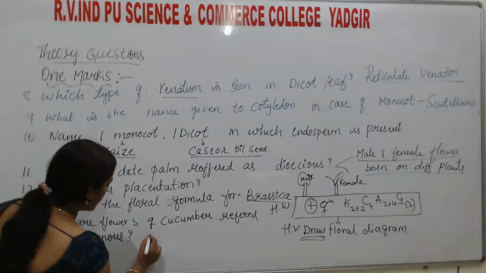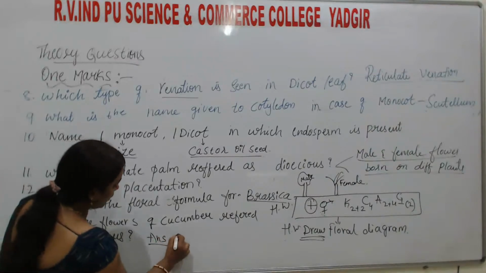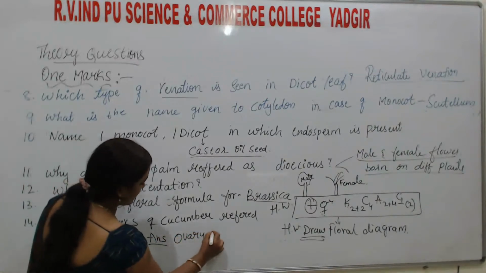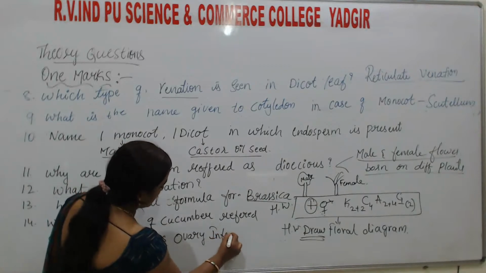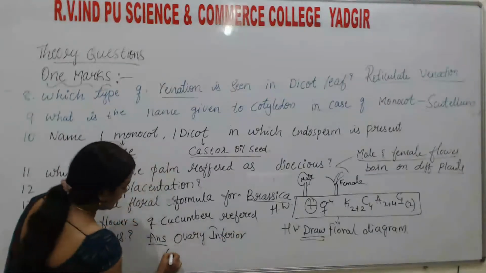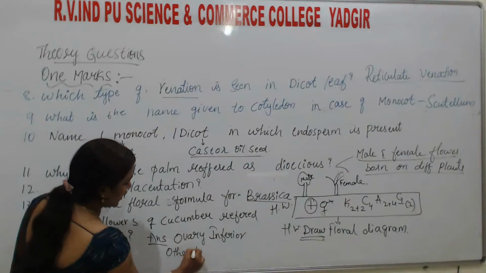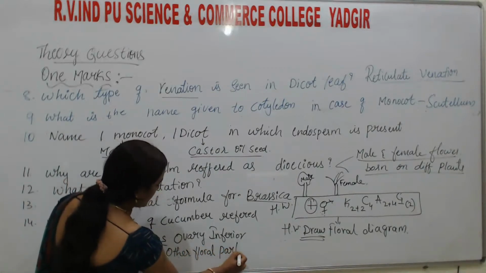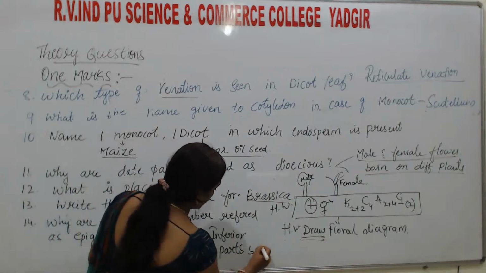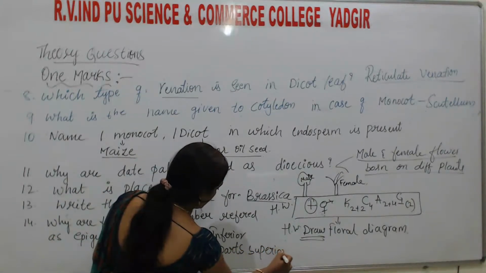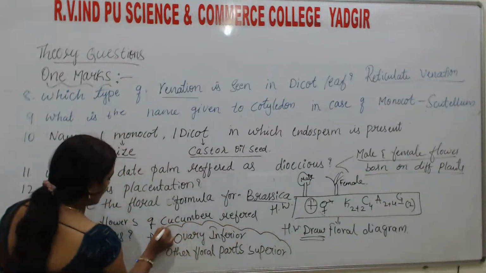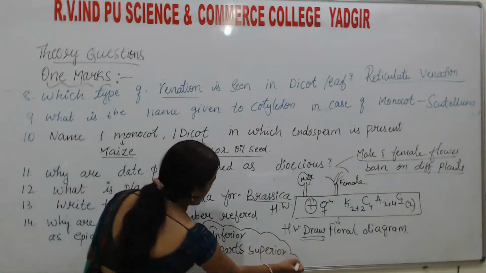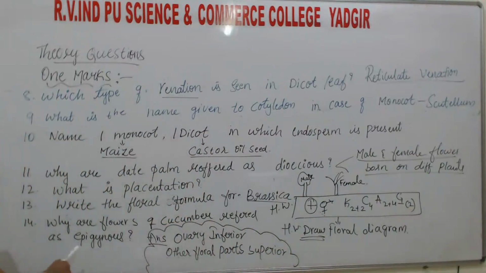Why? What is the answer here? Because the ovary is inferior. Other floral parts are superior. This is the answer.